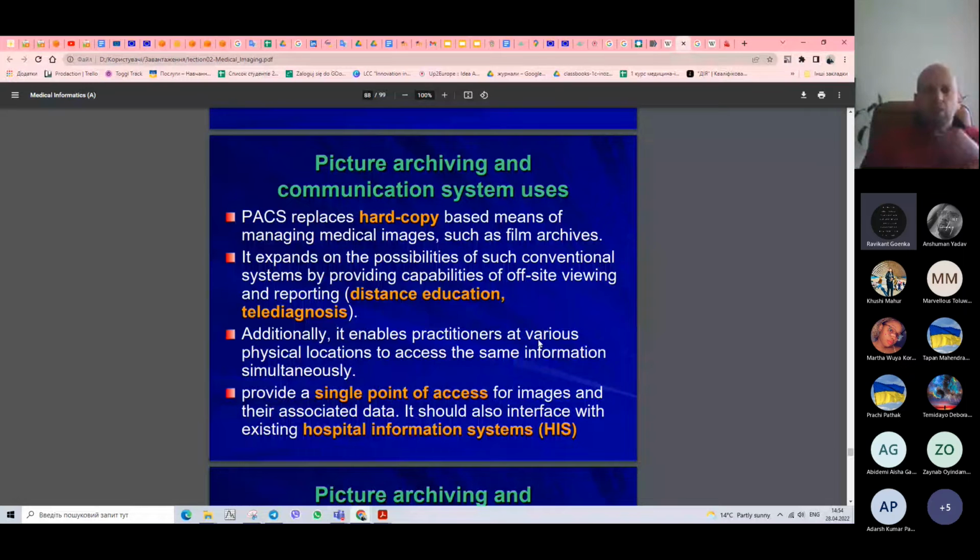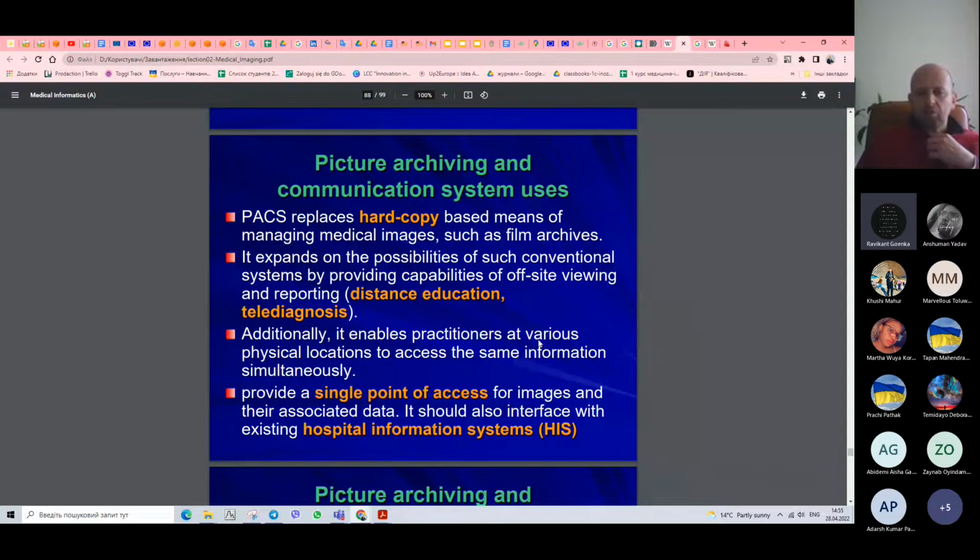Picture archiving and communication system use. It replaces hard copy based means of managing medical images such as films and archives. It expands on the possibilities of such conventional systems by providing capabilities of on-site viewing and reporting, distance education and telediagnostics.